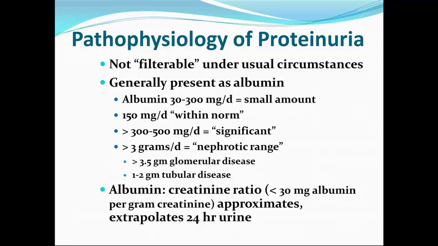What this ratio does is approximate and extrapolate the amount of albumin versus creatinine that you would find in a 24-hour urine specimen. Increasingly, we're getting away from doing 24-hour urine specimens and using random or spot albumin to creatinine ratios on urine specimens.